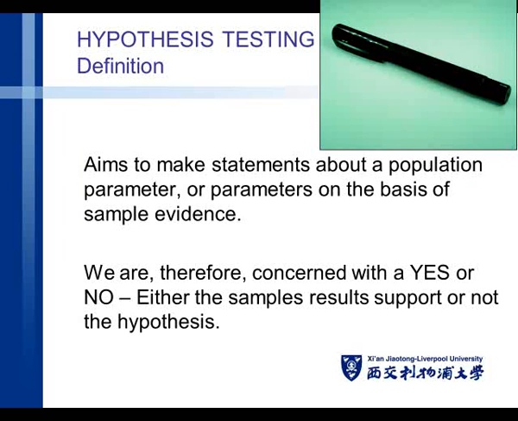So let's start with hypothesis testing. The idea is like this. We want to make statements about the population parameter on the basis of sample evidence. Here the parameter that we're going to talk about is the average.